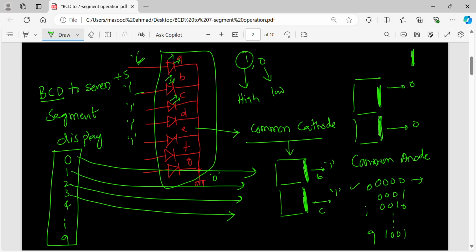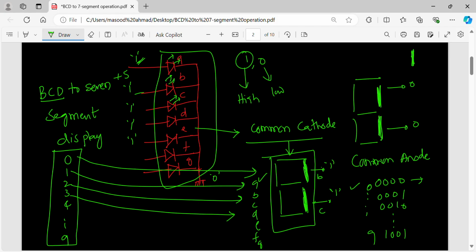But these are not compatible. If I give 0, this is the input. But what is the input for the display? The input for the display is A, B, C, D, E, F, G. So from these BCD inputs, I have to generate A, B, C, D, E, F, G such that if I give 4 zeros, all LEDs will glow.